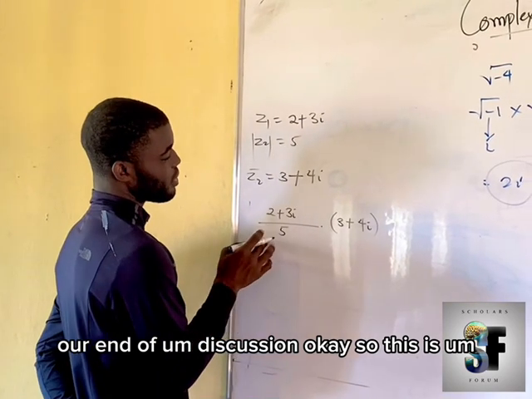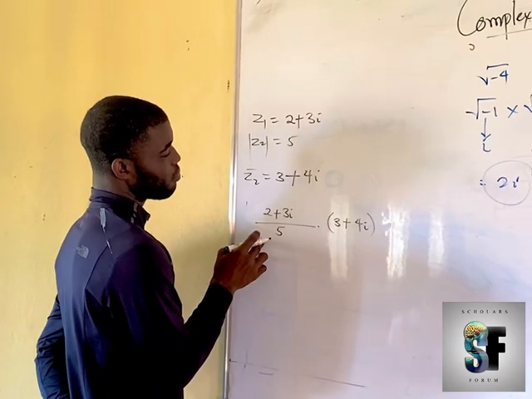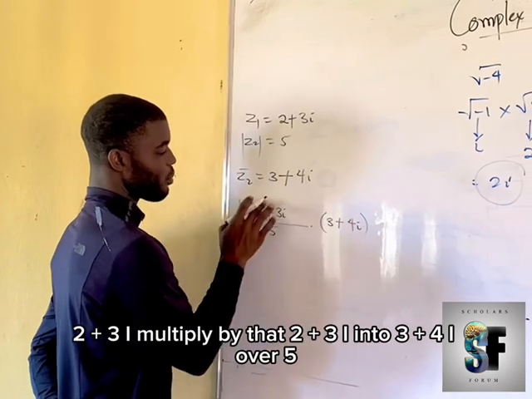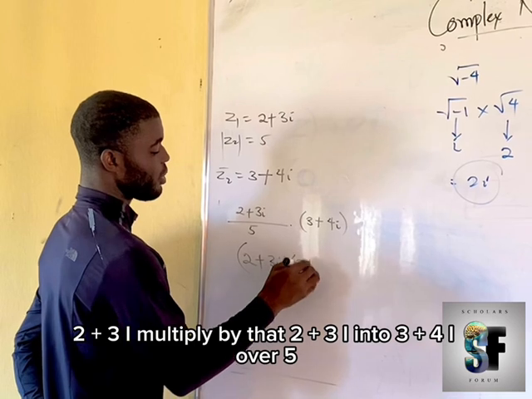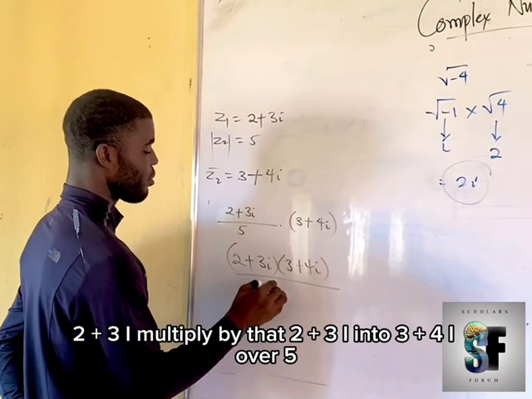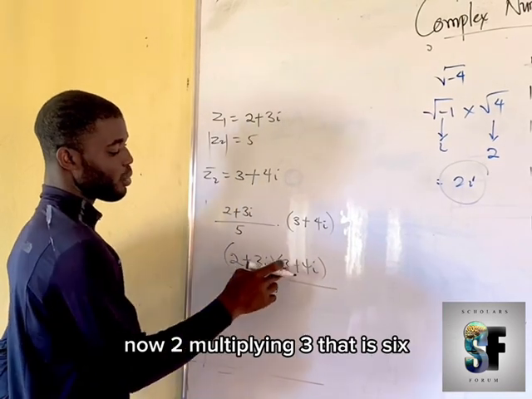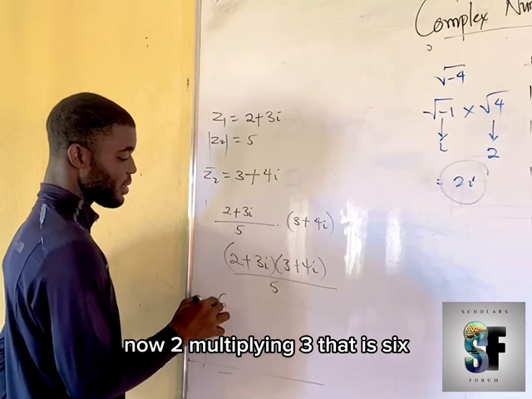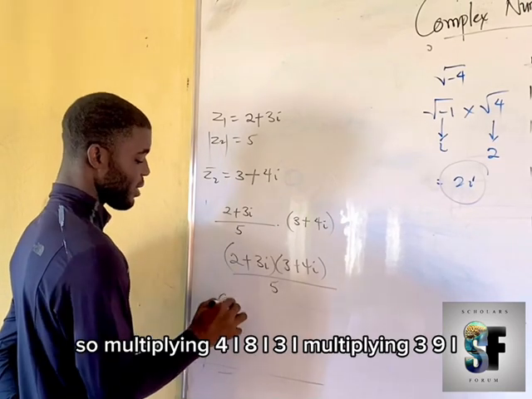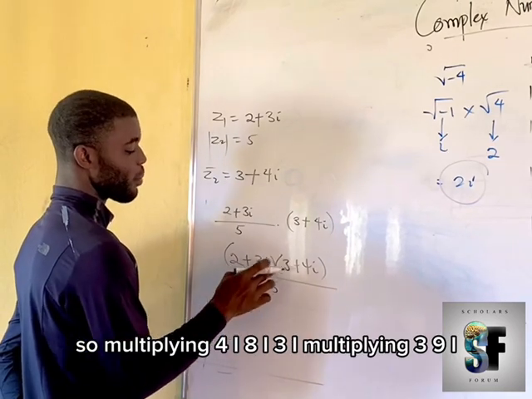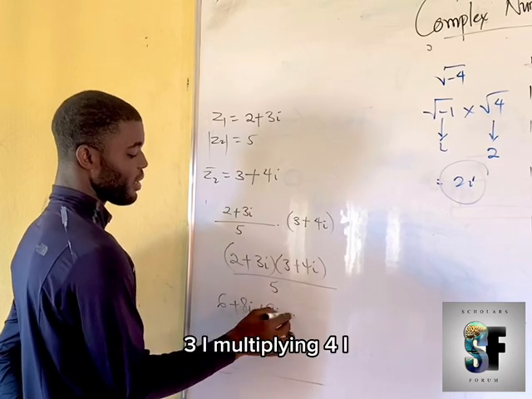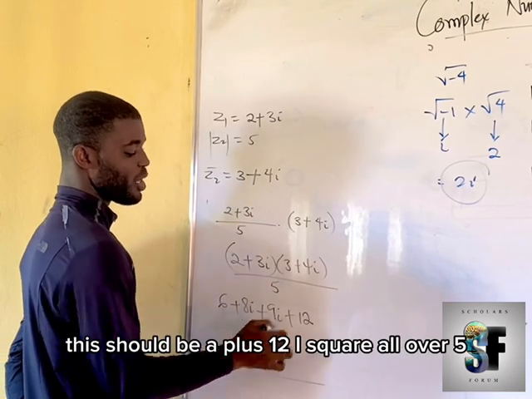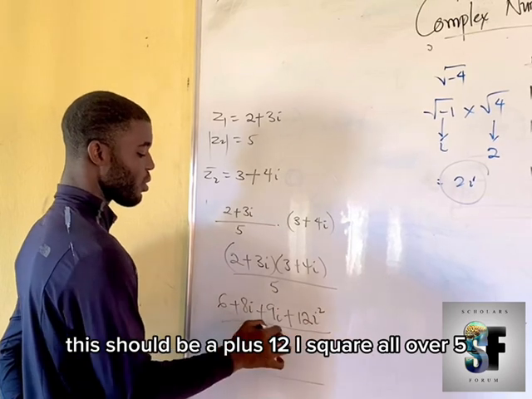This is what we finally have as our end of discussion. 2 plus 3i multiplied by 3 plus 4i over 5. Now 2 multiplying 3, that is 6. 2 multiplying 4i, 8i. 3i multiplying 3, 9i. 3i multiplying 4i, now don't forget what we did before, this would be plus 12i squared, all over 5.